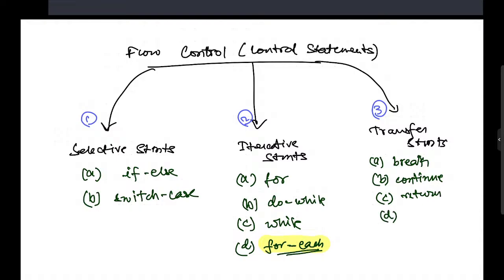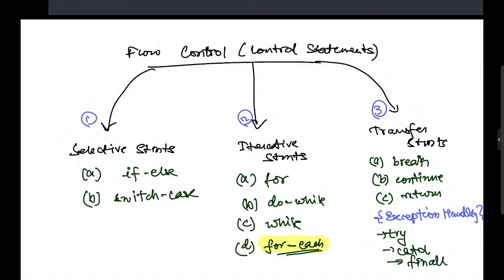Apart from these, we have 3 more transfer statements, specifically for exception handling, and I will let you know what this is when we deal with exception handling. In exception handling, we have try, catch, and finally.